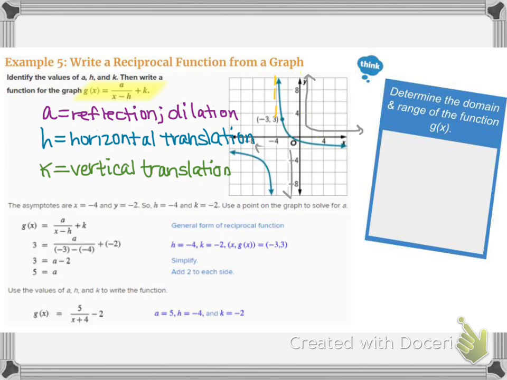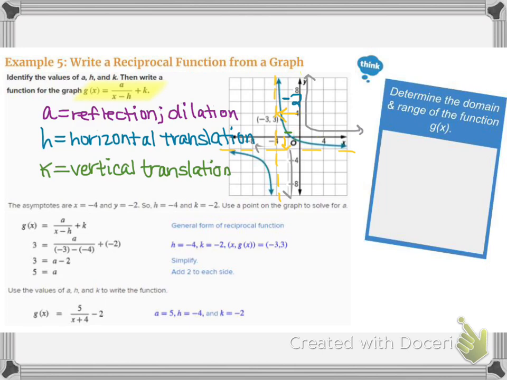So let's take a look at the new asymptotes. Notice there's one here now and here. So we can see these asymptotes have shifted to the left and also down. So I have a horizontal translation left 2 and a vertical translation down 1.